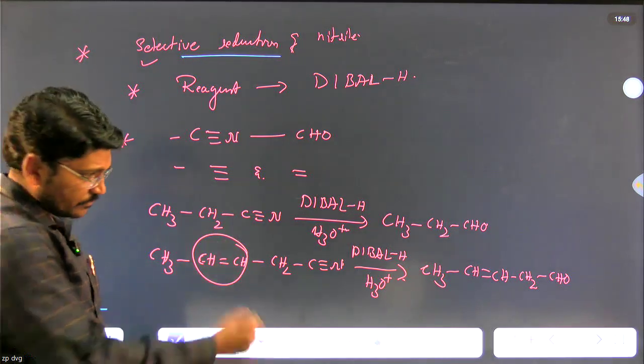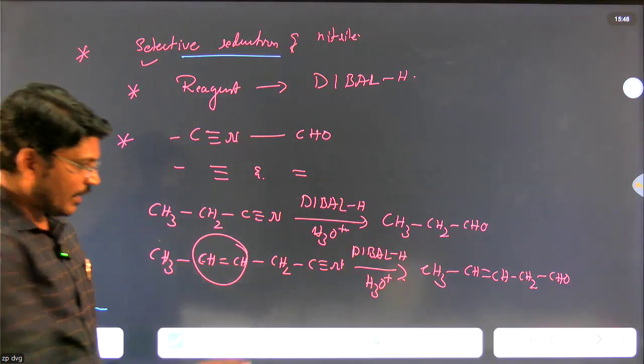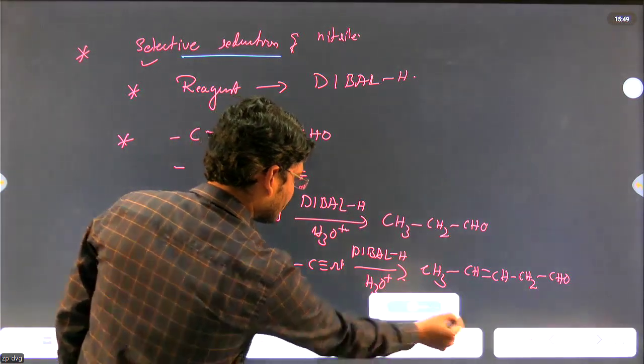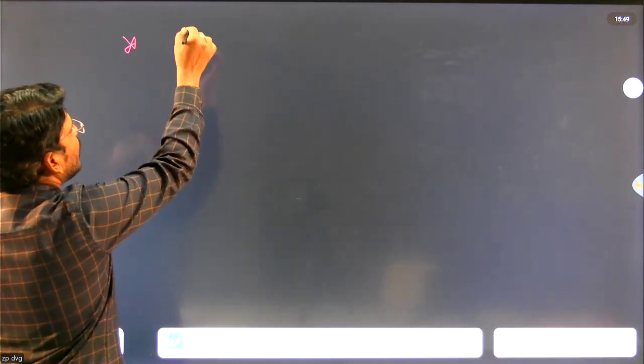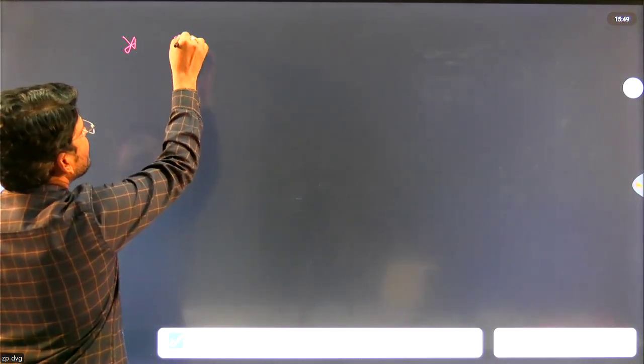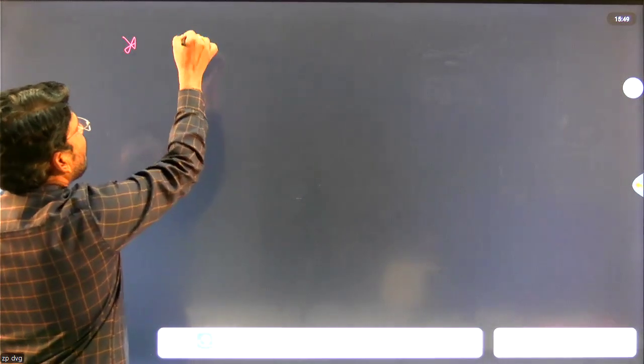So next, after this, we can use benzyl, by using methyl benzene, otherwise we can use alkyl benzene. Let us use alkyl benzene.